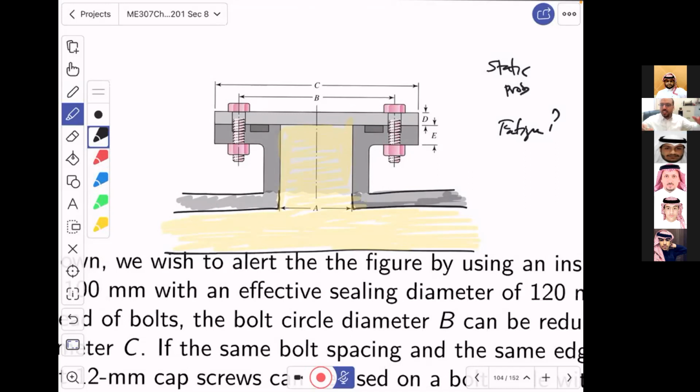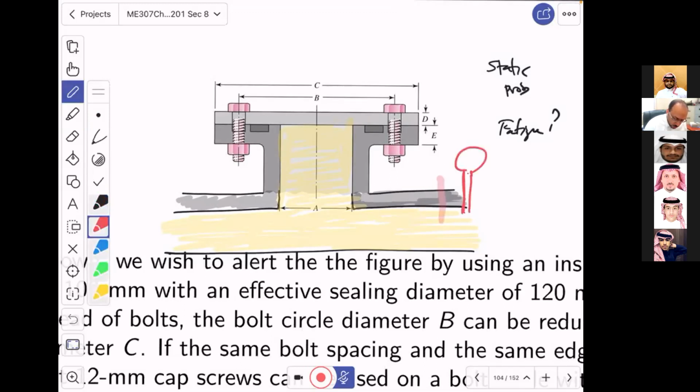At any instant of time, if you take a camera and take a snapshot, it will give you the gauge with a pressure P. So when you take a snapshot, you go home, you zoom here, and you find that P is equal to 200 kilopascal.